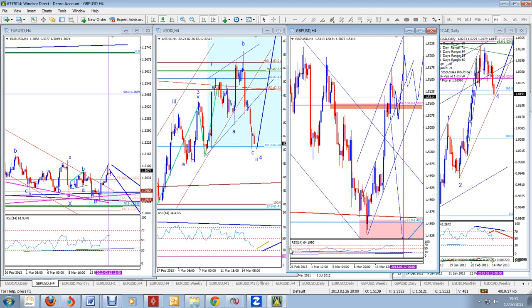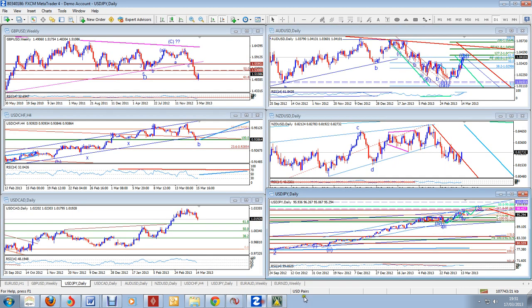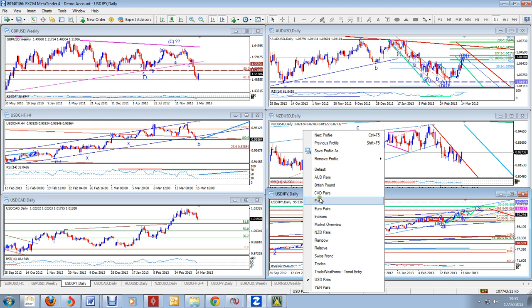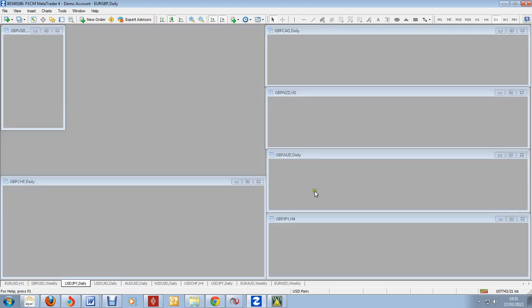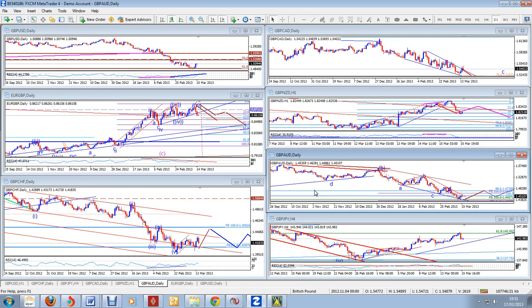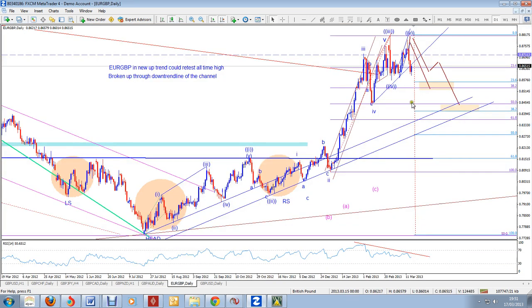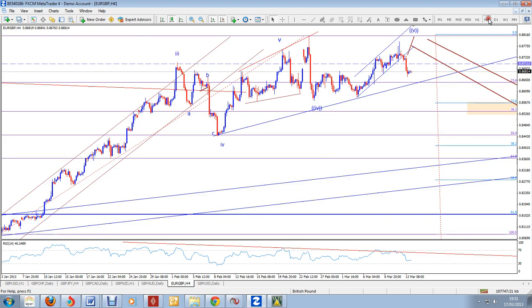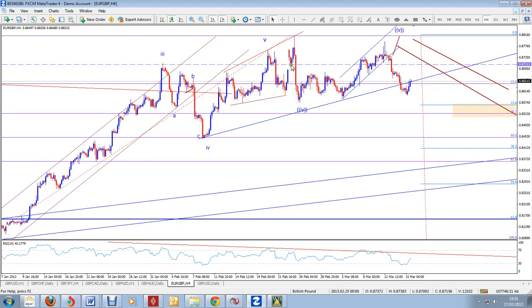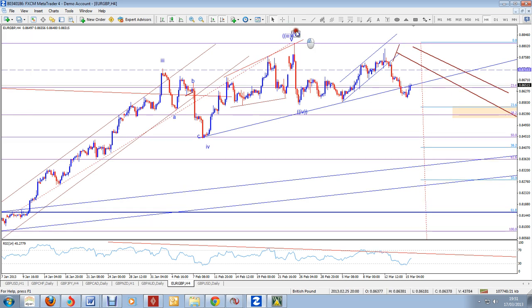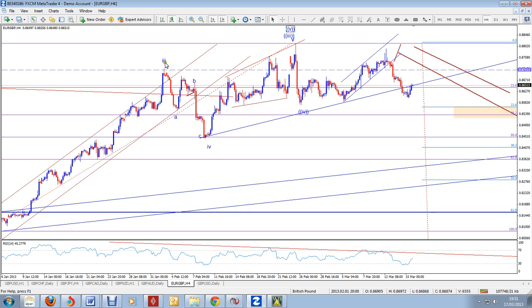And then just very briefly to look through other pound pairs. So other pound pairs, see on a euro, we had a wave 5 there. This one being wave 5, so wave 3, wave 4 and wave 5.